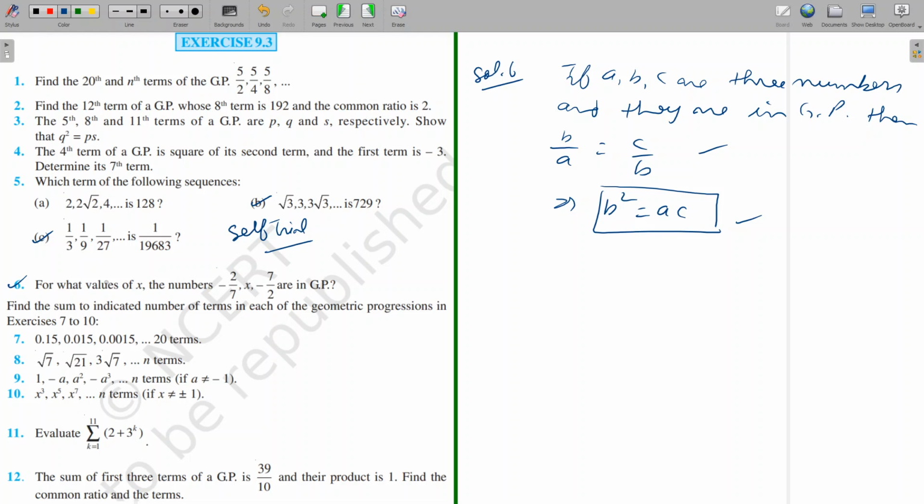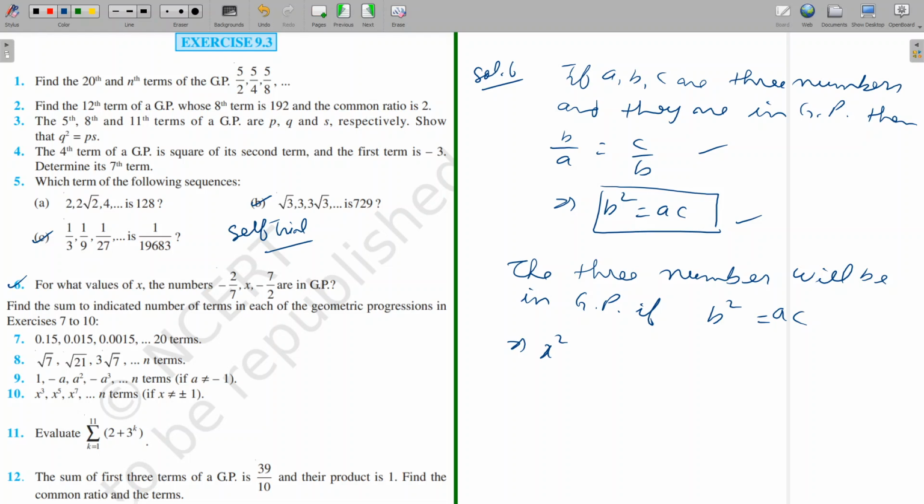So what it says is: for what values of x are the numbers minus 2 by 7, x, minus 7 by 2 in GP? So we can say that the three numbers will be in GP if B square equal to AC. That is, B is our x.